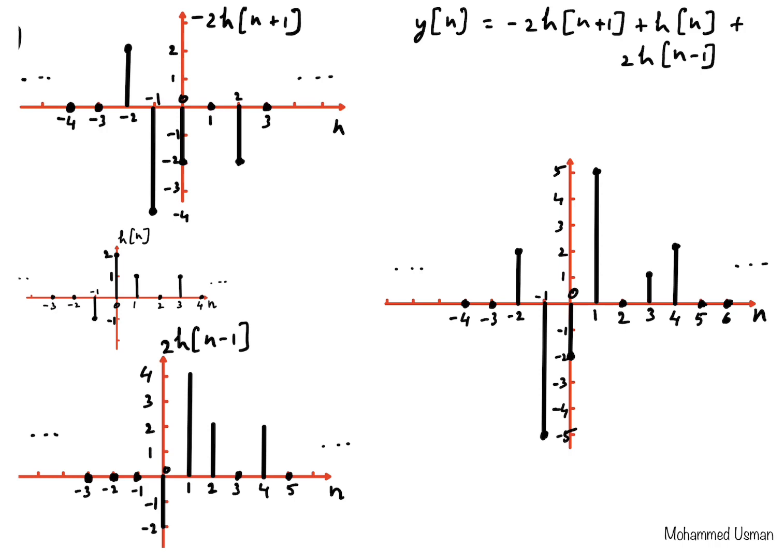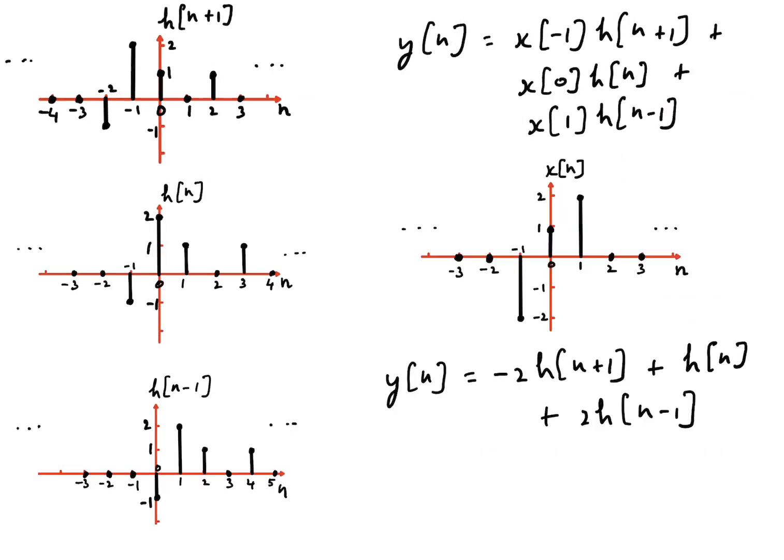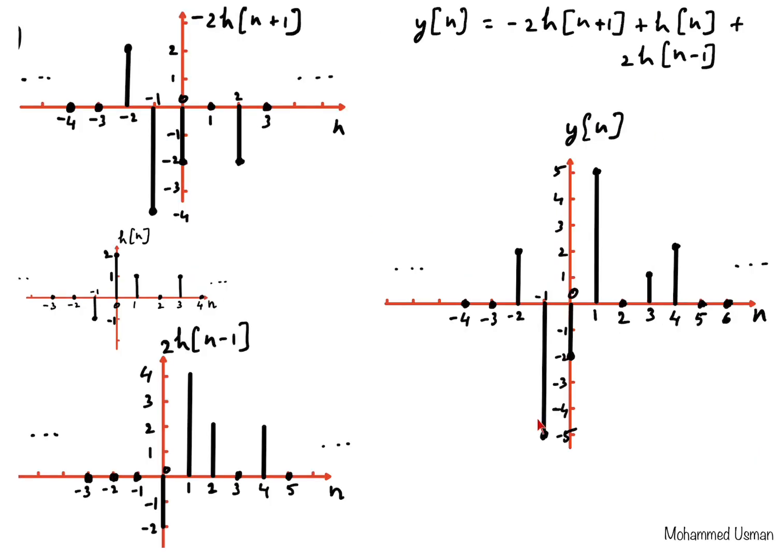So what we have plotted now here is our output y of n for the input x of n that we started off with. When we know that the impulse response is this h of n, then the output y of n when the input is a certain x of n, as we have taken in this example, is given by this final figure that we have here.